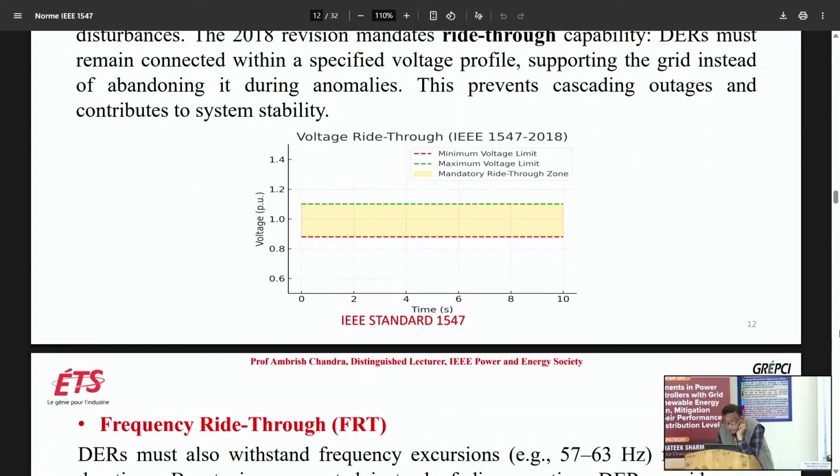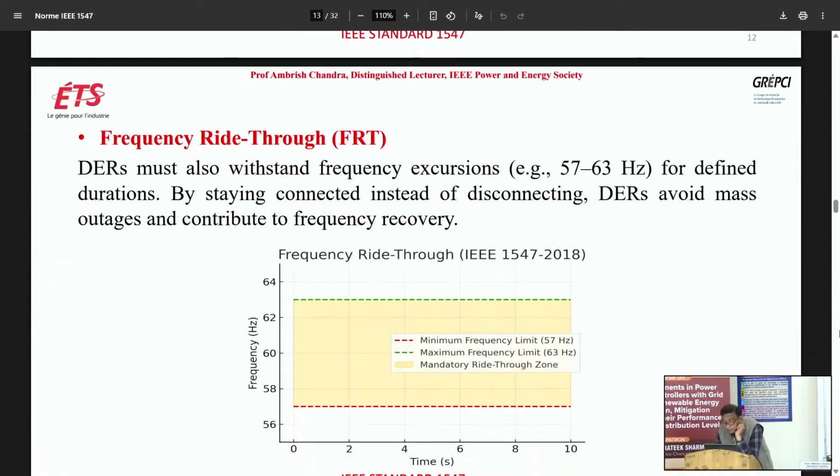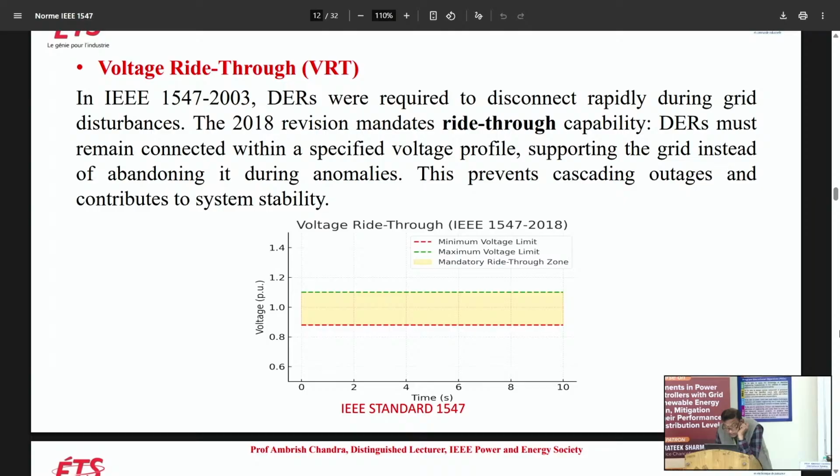Frequency right through. Why have they not written it here? I think later on we will see that it is around 1.1 and this is 0.95 or so PU. Frequency right through: this is the maximum frequency limit, which is 63 Hertz. First, we are talking about North America, 60 Hertz.